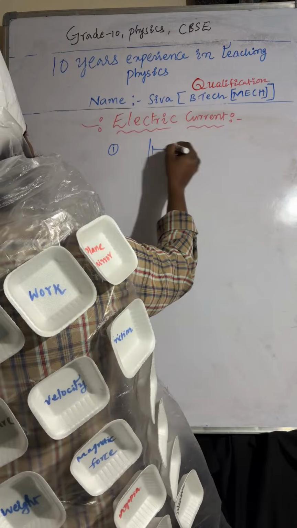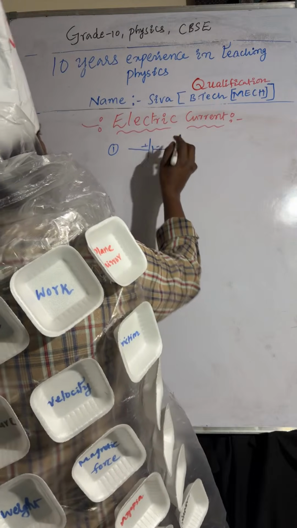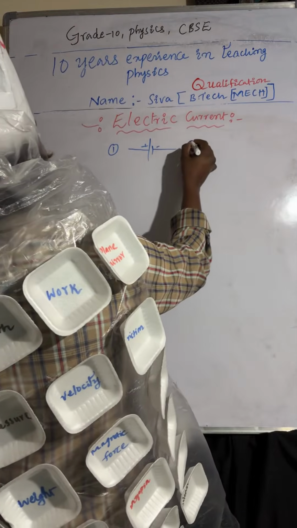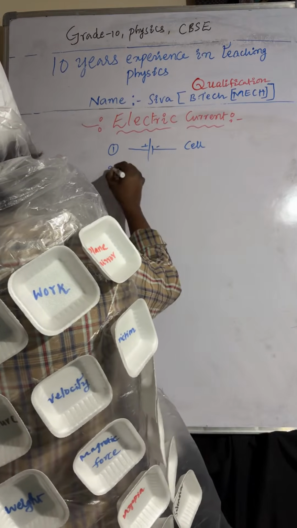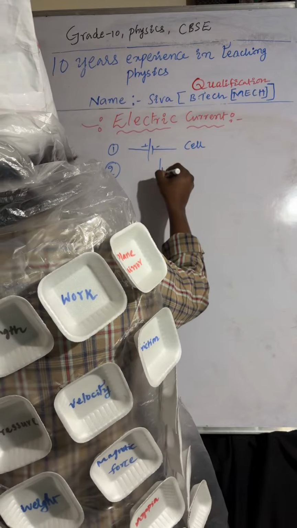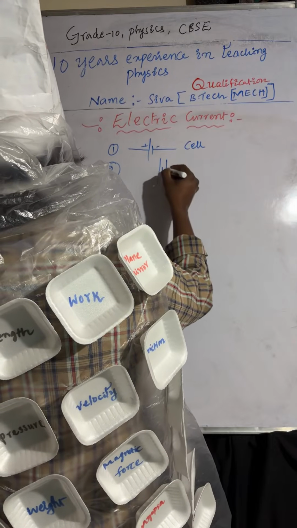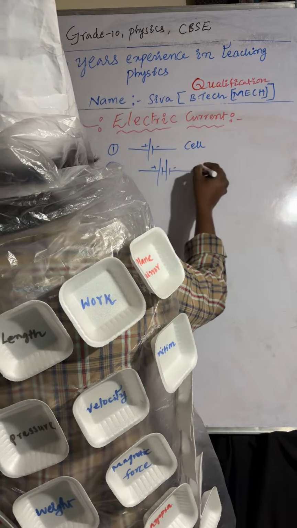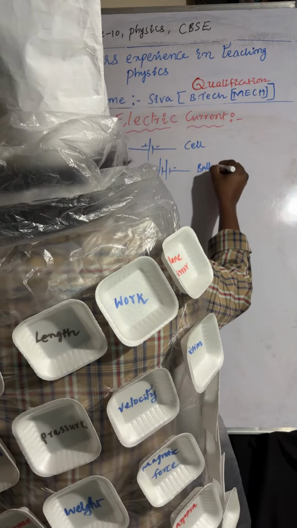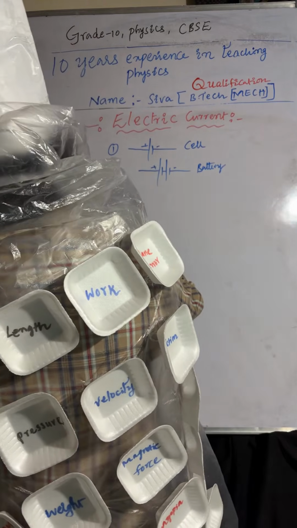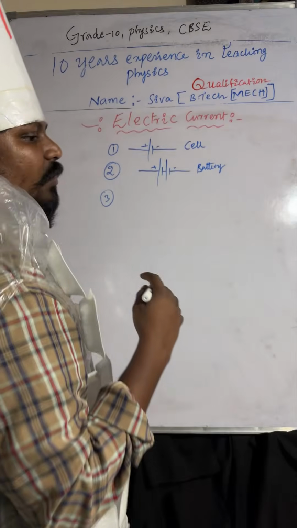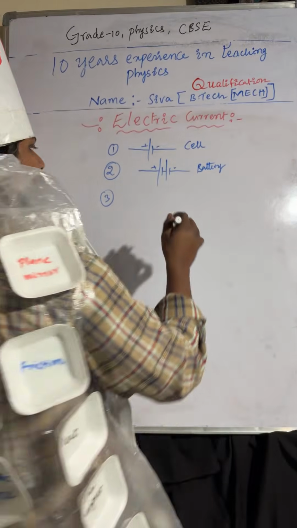Cell is nothing but one positive terminal and one negative terminal. And coming to the second one, battery. Here this is the battery, with positive terminal and negative terminal. And coming to the third one, open switch.